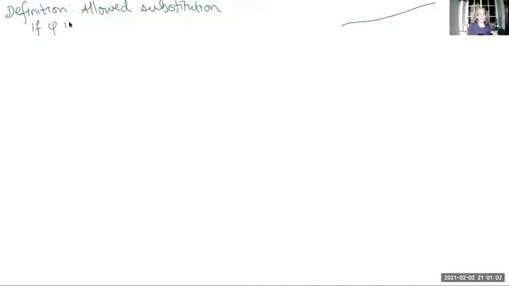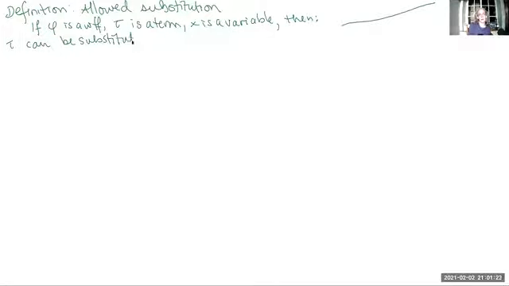So if phi is a well-formed formula, tau is a term, x is a variable, then we say that tau can be substituted in for x in formula phi in the following cases.